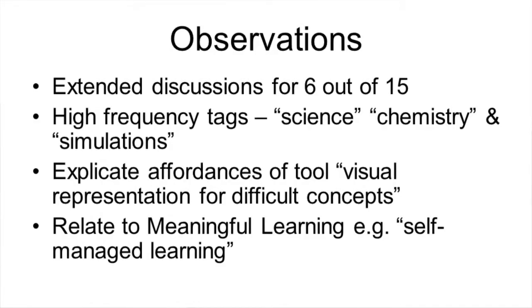In this case, it leans towards chemistry and towards simulations. The interaction that the student teachers bring to this group is the explanation of the affordance of the tools, as well as how it relates to meaningful learning, and the choice of instructional strategies that can be associated with some of these online resources.